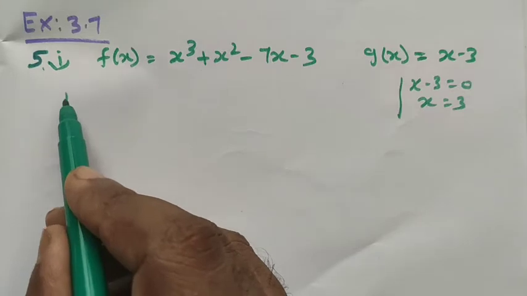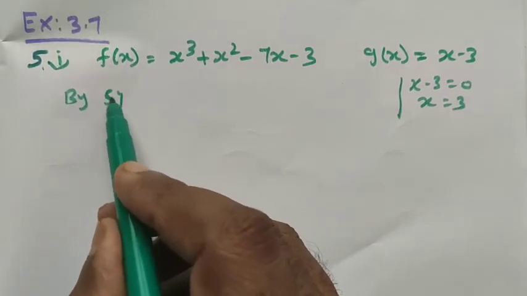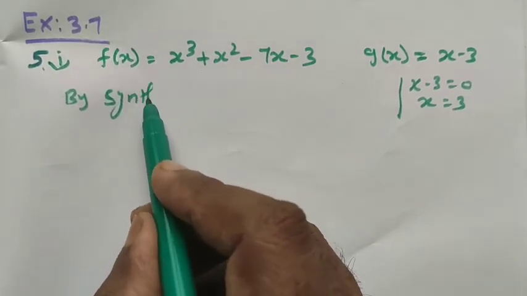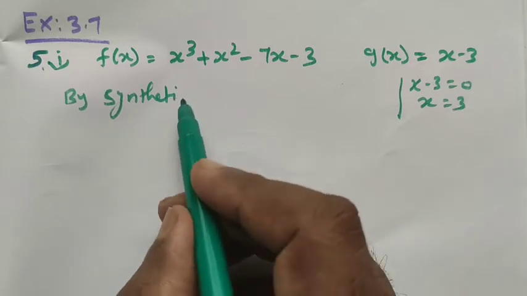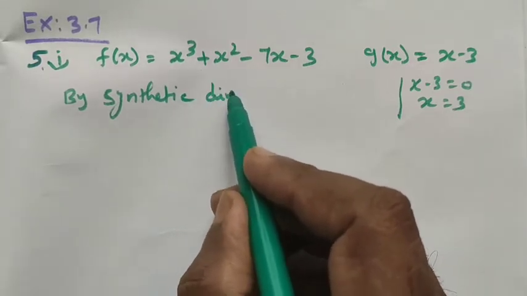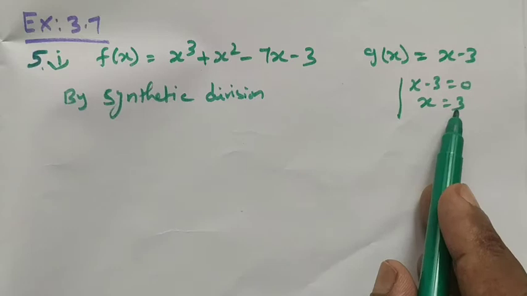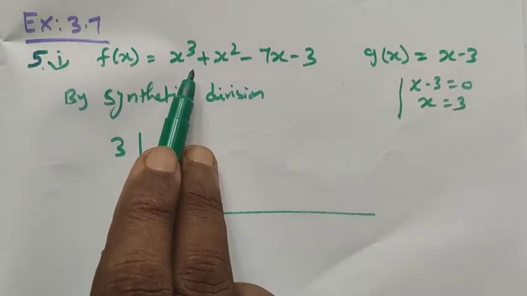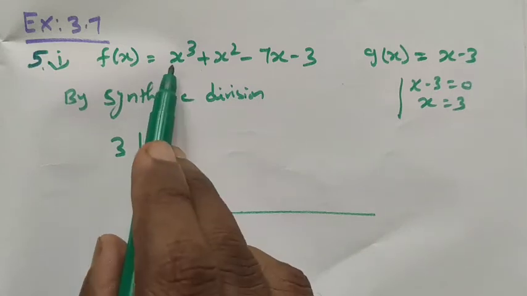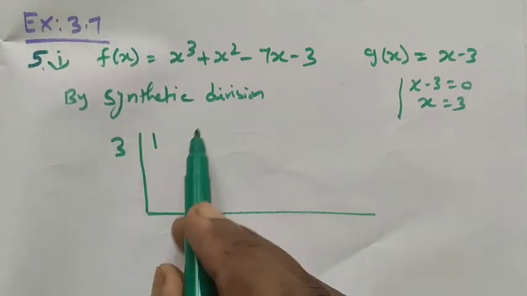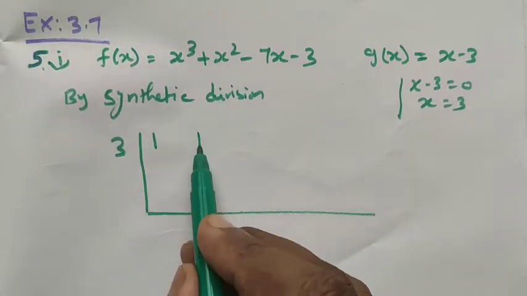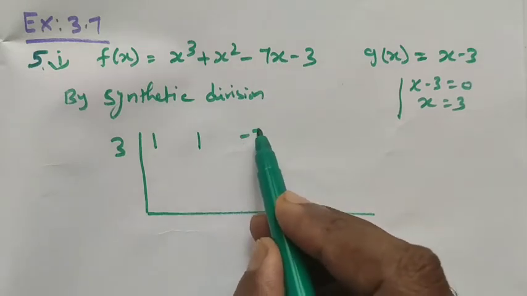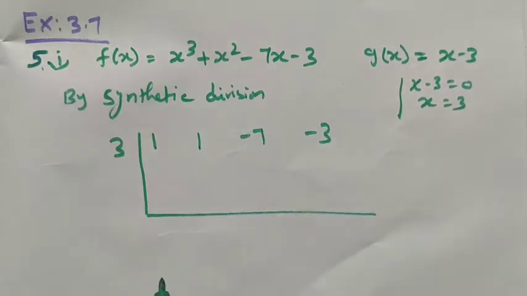So by synthetic division method, we have the divisor as 3. We have to take the coefficient of the variable. So the coefficient of x cube is 1, the coefficient of x square is also 1, the coefficient of x is minus 7 and then the constant term.